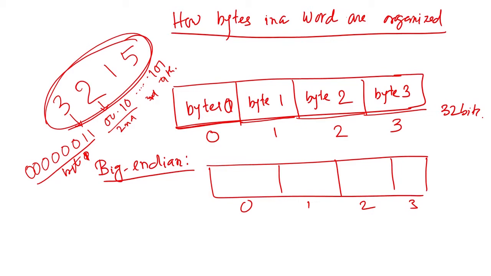Now, what I can do is, this byte came from one digit, that is the most significant digit of the number. I can store this byte in this location. So, I should write 0 0 0 0 0 0 1 1.